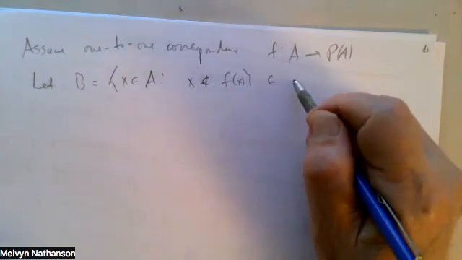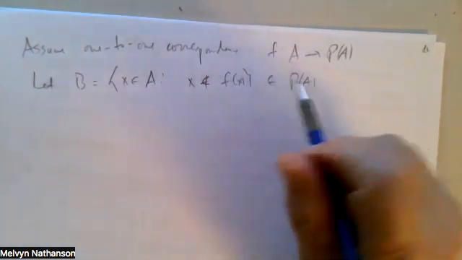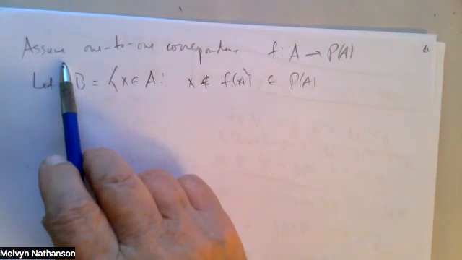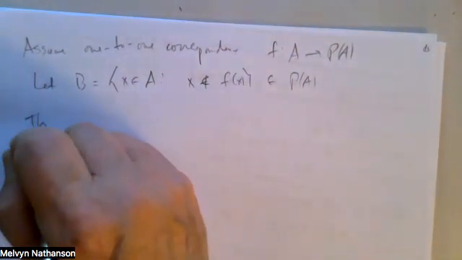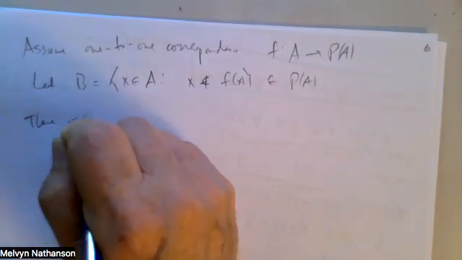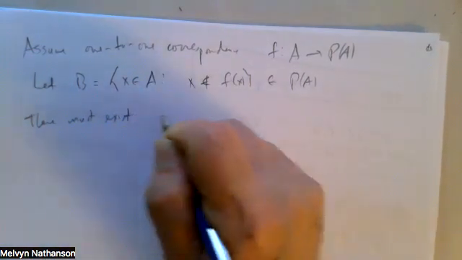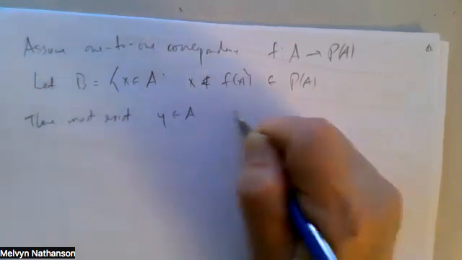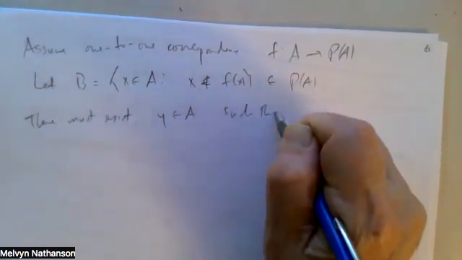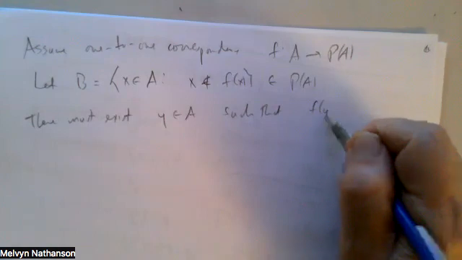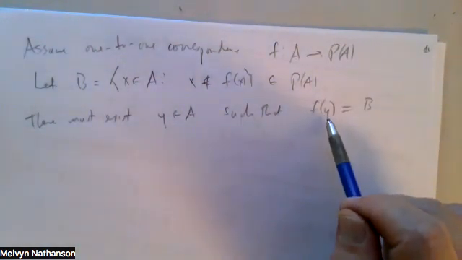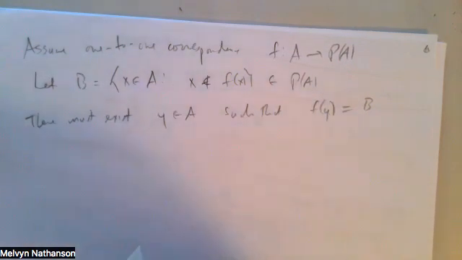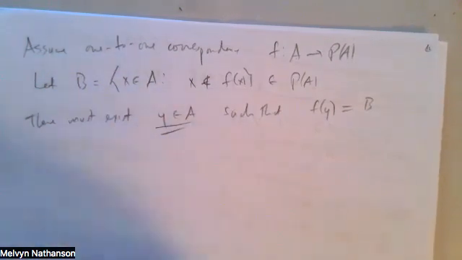So this is in the power set of A. If f is a one-to-one correspondence, then there must exist an element y in the set A such that f of y is equal to B. So the subset of A associated with y is the subset B.